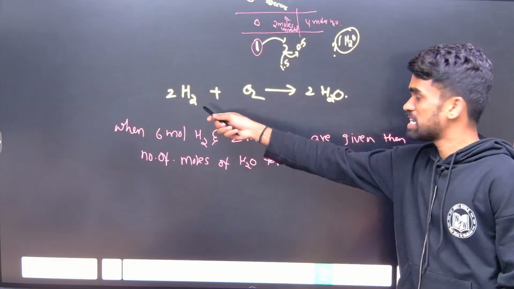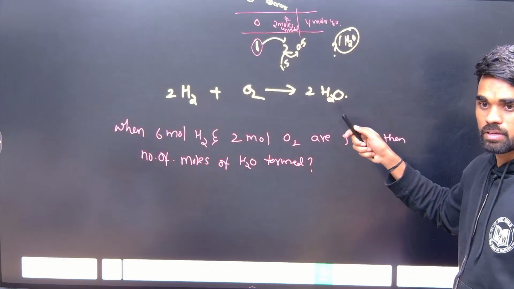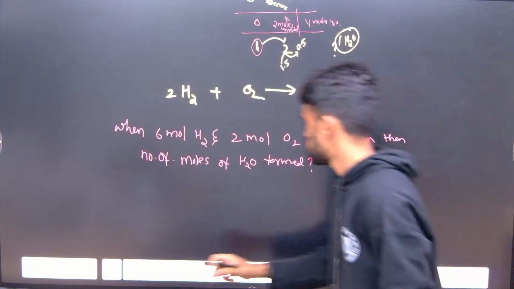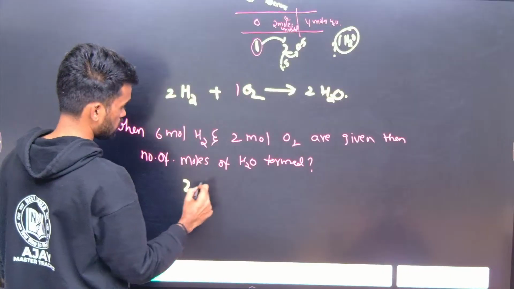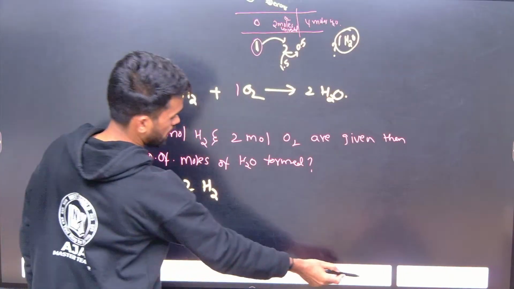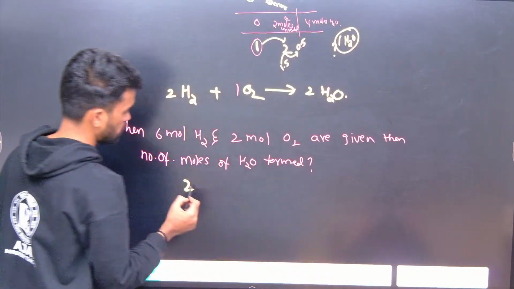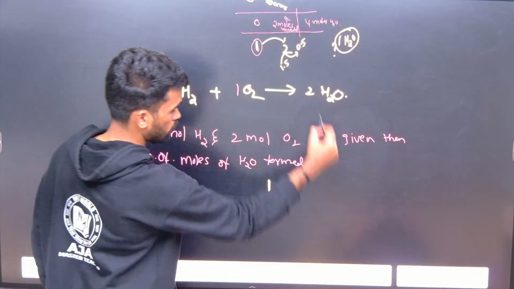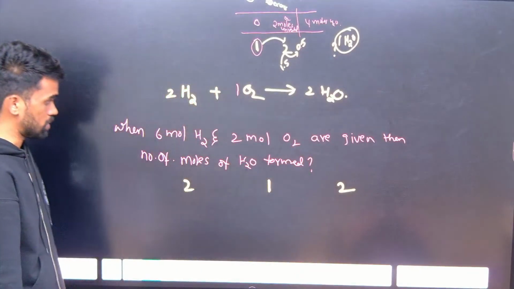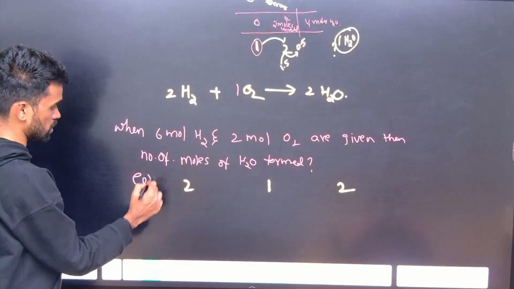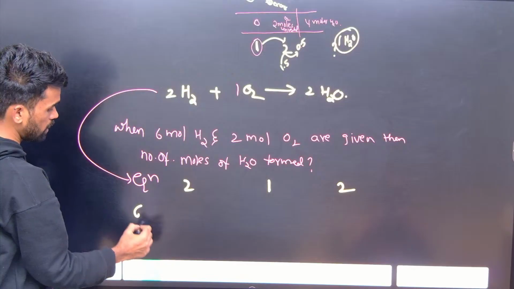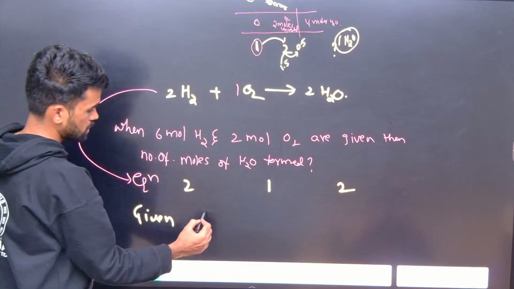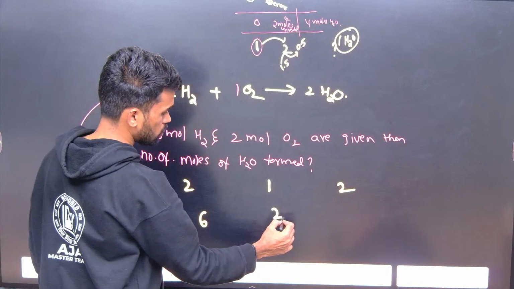So is the equation balanced first? Yes, balanced. Okay, so after balancing the equation, what did I tell you? Write the coefficients. So for 2 moles we required 1 mole, for forming 2 moles. These are from the equation. Next, given, we have 6 moles of H2 and 2 moles of O2.